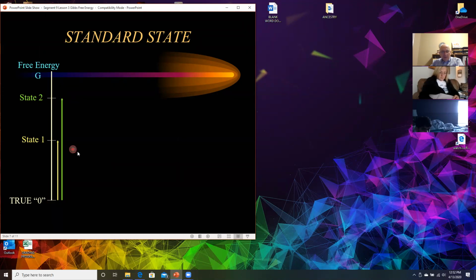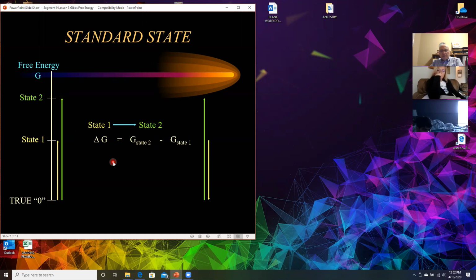If I subtract off the value up to state 1, I get delta G, which is just the difference between the two. So this is the difference I'm going to get when I take state 2 and subtract off state 1.